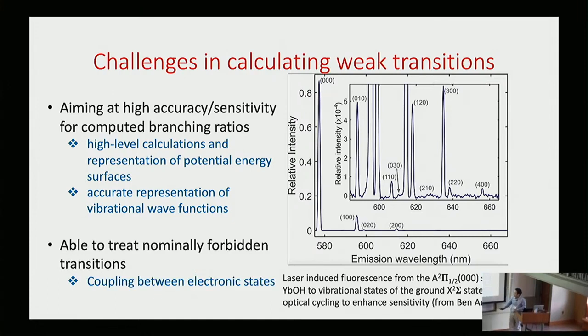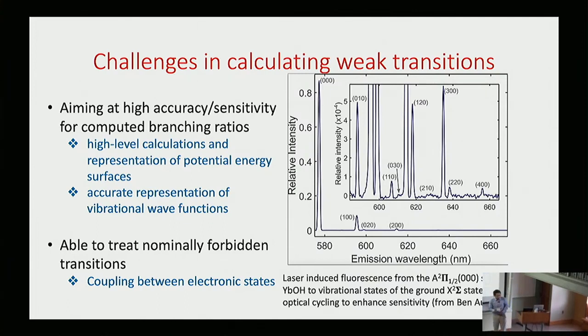And as I will show, the non-adiabatic coupling actually is very important. The nominally forbidden transitions borrow intensity through coupling to other electronic states. So here necessarily one has to go beyond one electronic state.